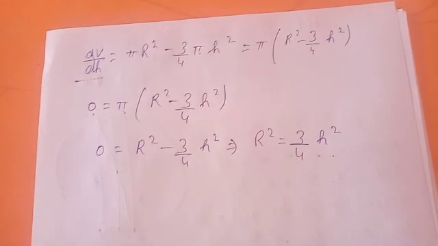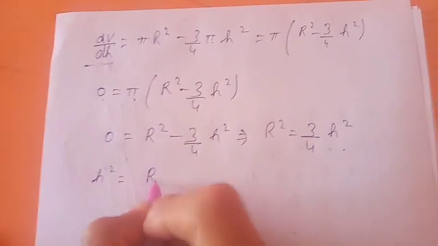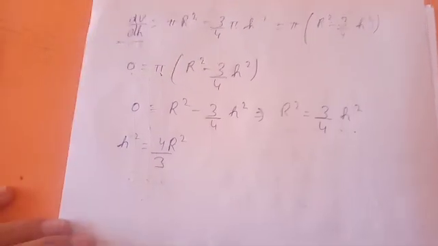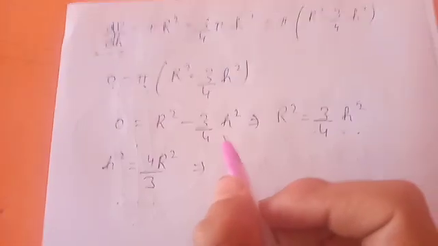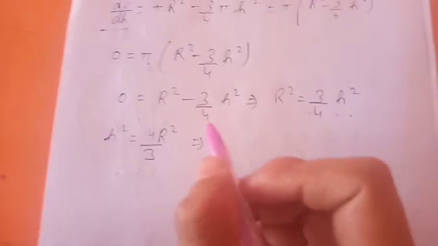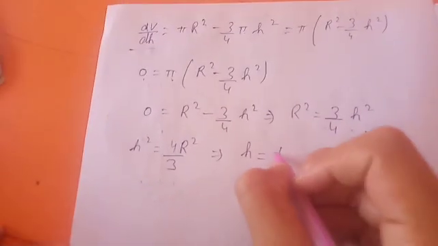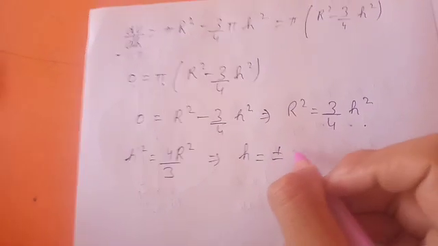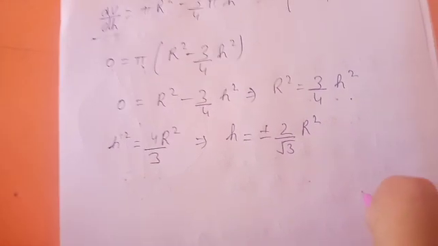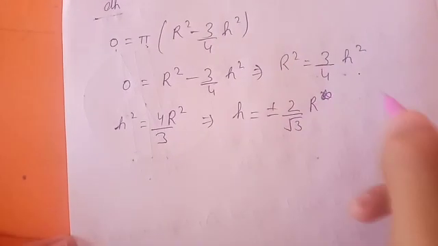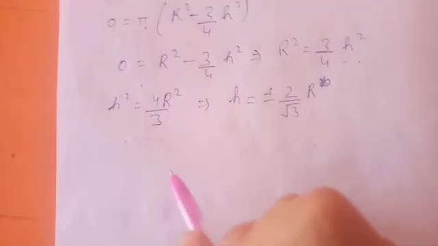From here we can find the value of h, so h square is equal to 4 by 3 r square. Okay, now if we take square root both sides, we will get h is equal to plus minus 2 by root 3 r, because the square and the root cancel.